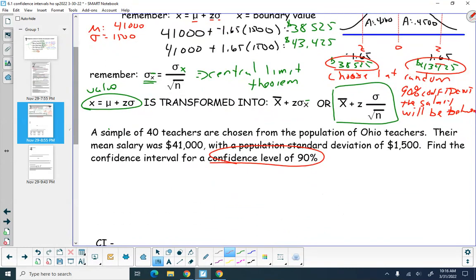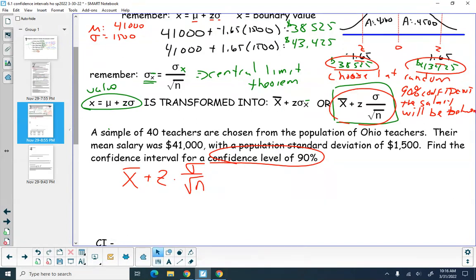So when we start transforming our values here, we have x bar plus our z value times our standard deviation divided by the square root of n. We can start looking at the idea of a confidence level or a confidence interval, and we're going to utilize this aspect right here.